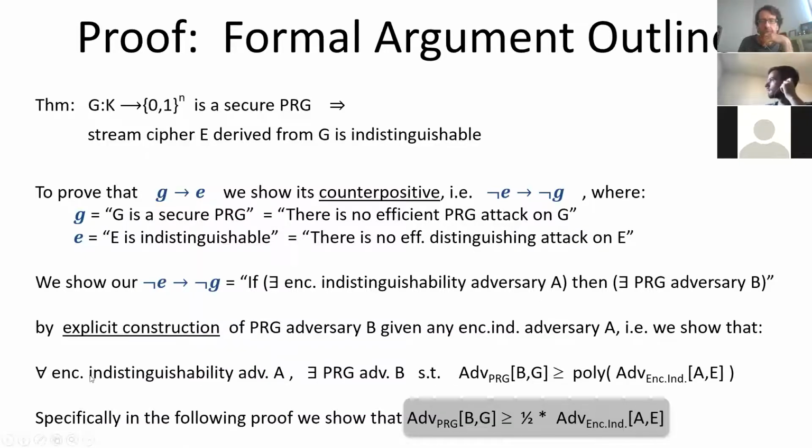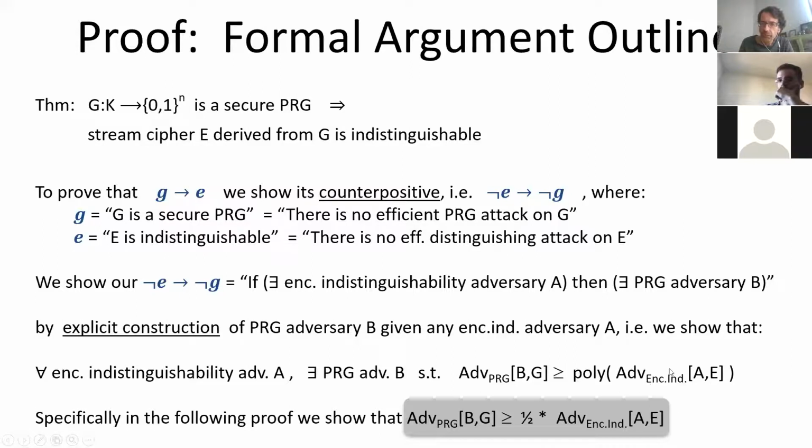So what we will show, to be precise, is that if you give me an adversary A that attacks the encryption, so it has some non-negligible, in other words, 1 over polynomial advantage in the encryption security game, then I will show you an attack against a PRG such that the advantage of this attack against the PRG is some polynomial function of this advantage.